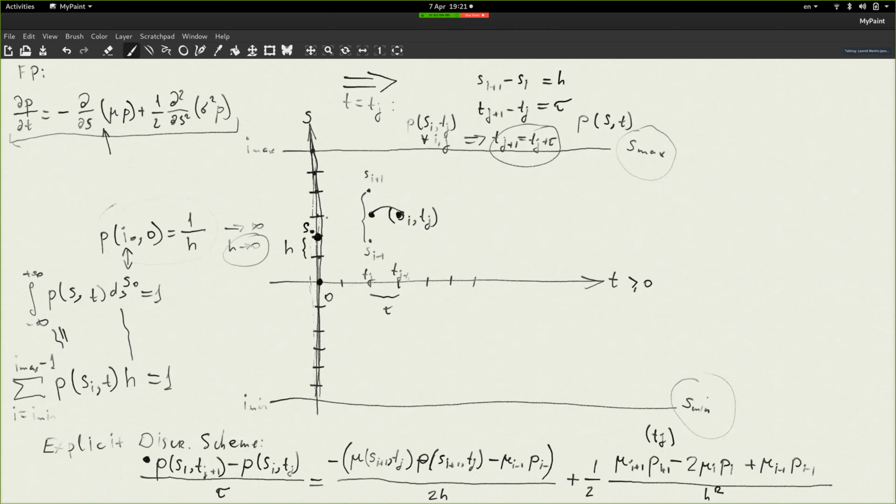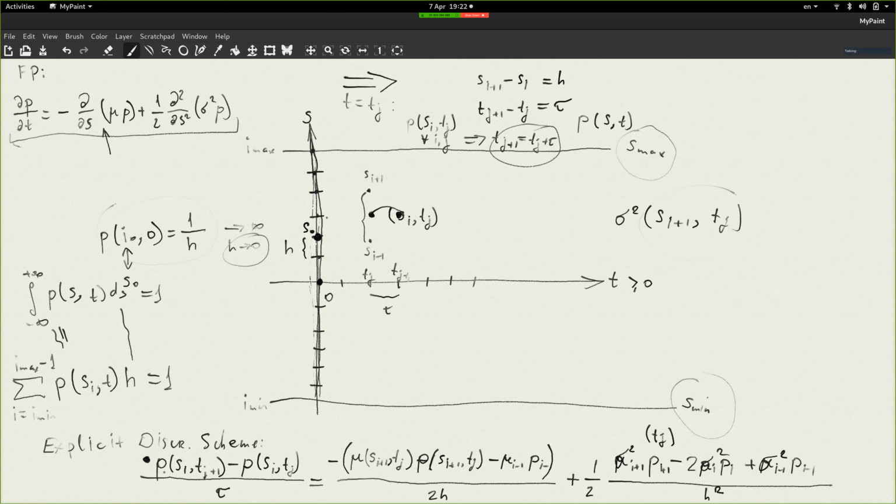The functions mu and sigma squared are to be evaluated in each and every point. So we can easily compute what sigma squared of S, for example, i plus 1 tj is. It is just directly computable. So the only quantity which is not known here is precisely our p at Si and the next value tj plus 1.